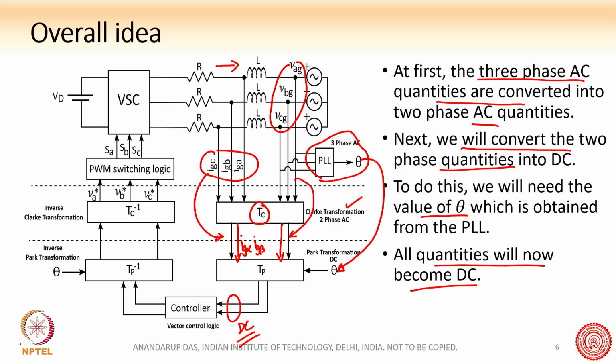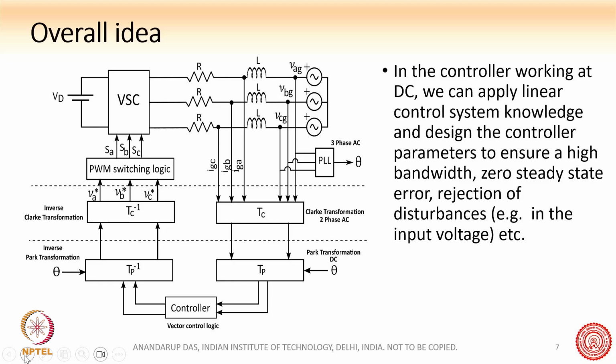Now the question that arises is, why have we converted these three-phase AC quantities into DC? There are two reasons for this. The first reason is that we want the controller working at DC, because then we can apply linear control system theories to the design by using small signal analysis.